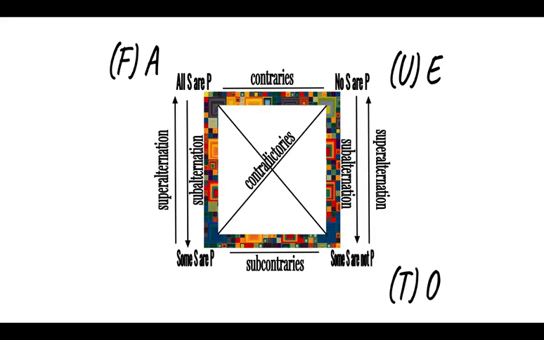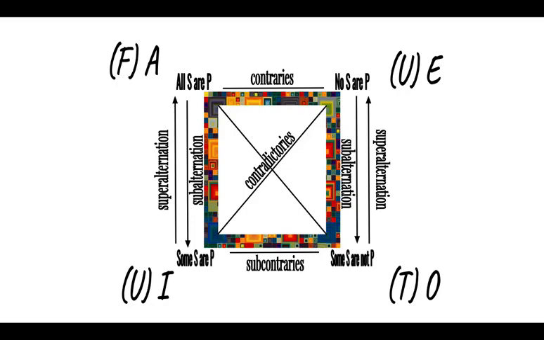You don't know what to label that E, hence it is undetermined. By the way, it's always the case that if you have one undetermined, you'll find another one diagonally across from it. It just turns out to be the case that in this particular argument, beginning with a false A sentence, this is all we can find out. All we really know is that we have a true O sentence.